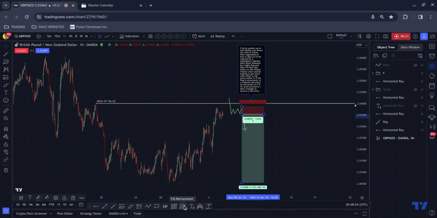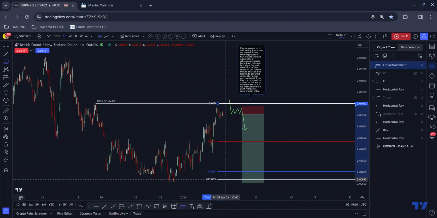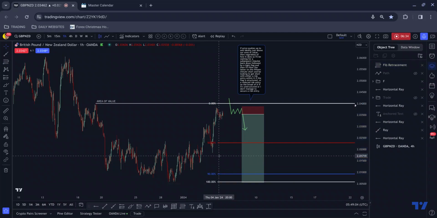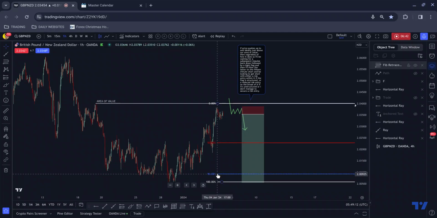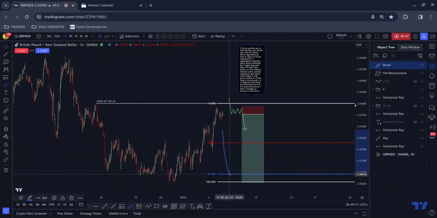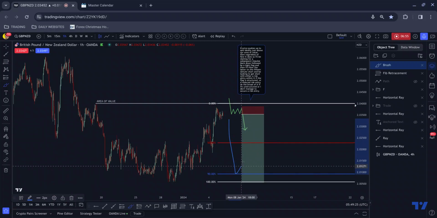This is actually where, particularly on a Friday and particularly on a pair like pound Kiwi, which I'm not too keen to hold on a Friday through the weekend, I would use a mechanical management based system, which is a new thing to the Falcon strategy. I would trail my stops, but I would also set a take profit at the 90% rule, because as we know, this is where we can see near misses, and then we come all the way back up to test something else, or this is where we often hit the 90% rule, pull back sharply to say the 50% mark, form some kind of consolidation, and then push lower.